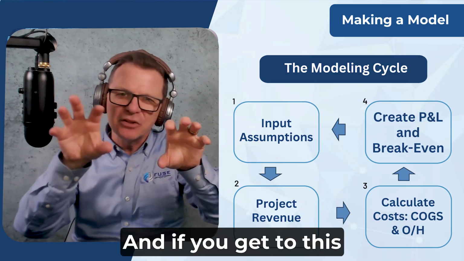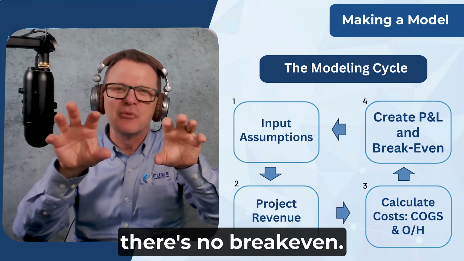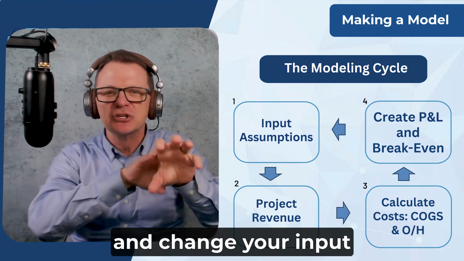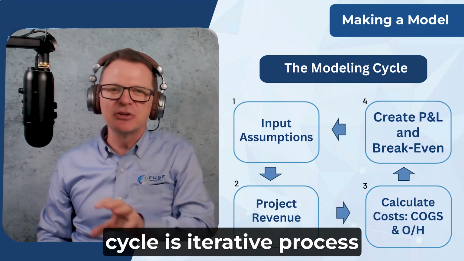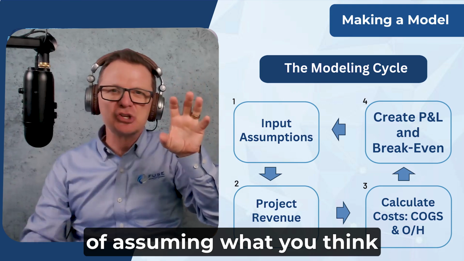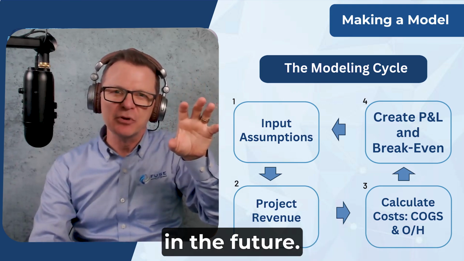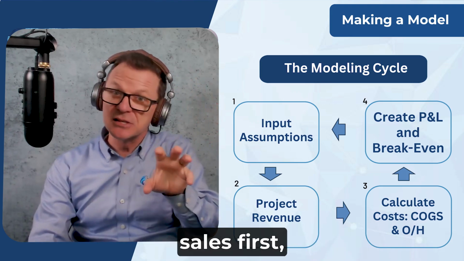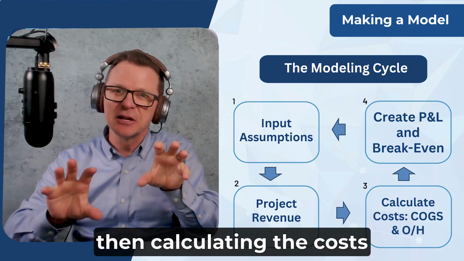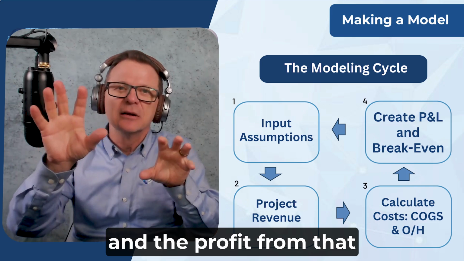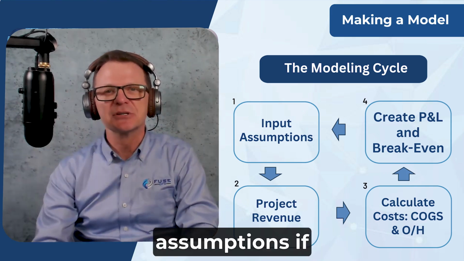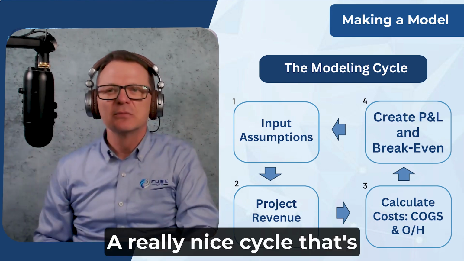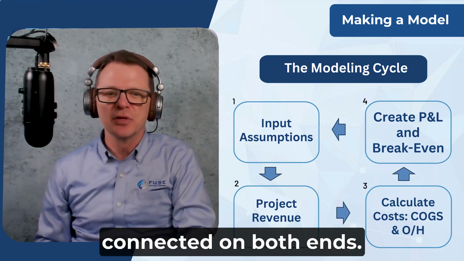And if you get to this point and you say, hey, wait a minute, there's no profit, there's no break even, now you got to go back and change your input assumptions. So it's this virtuous cycle, this iterative process of assuming what you think is going to happen in the future, projecting the sales first, then calculating the costs and the profit from that level of sales, and adjusting your assumptions if you need to. A really nice cycle that's connected on both ends.